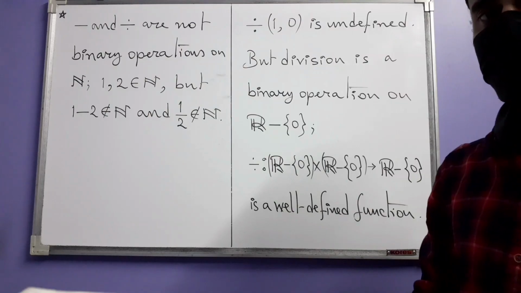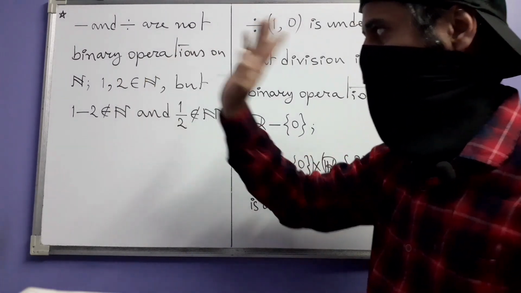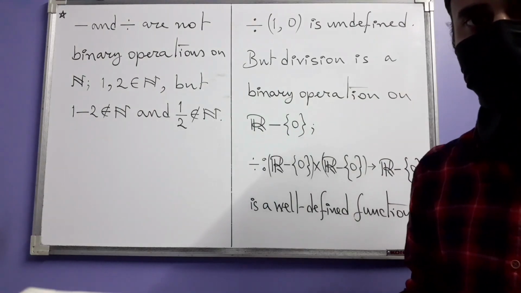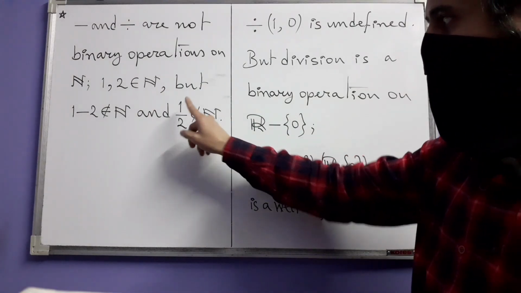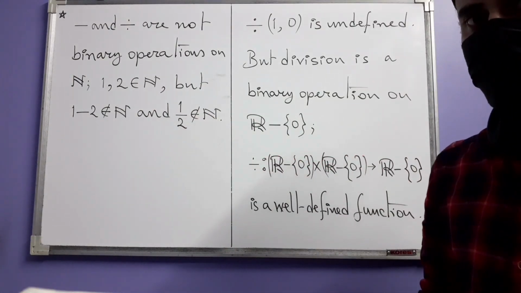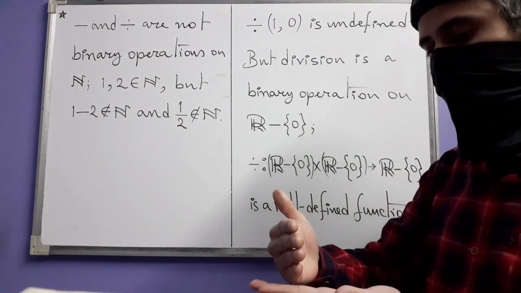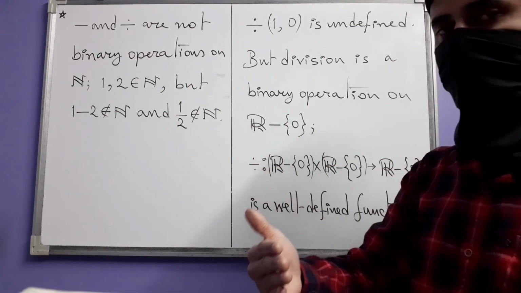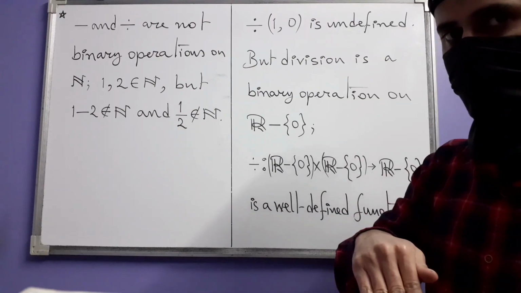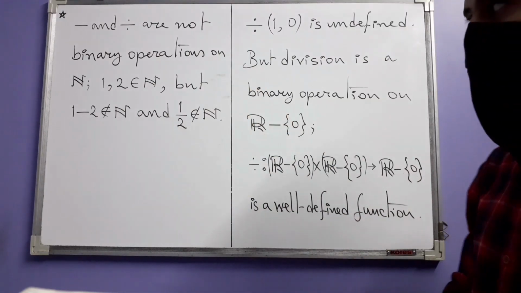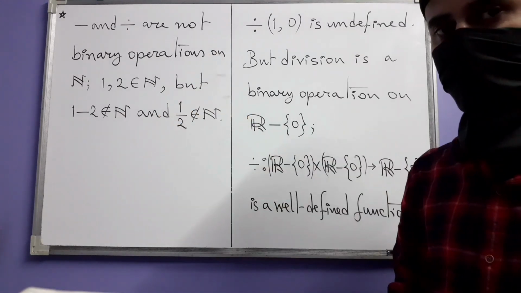Because of this, 1 and 2 are both natural numbers, but 1 minus 2 is not a natural number. 1 divided by 2 is also not a natural number. So when considered as functions from the Cartesian product of N with itself into N, these are not actually functions. That means they are not binary operations on N.